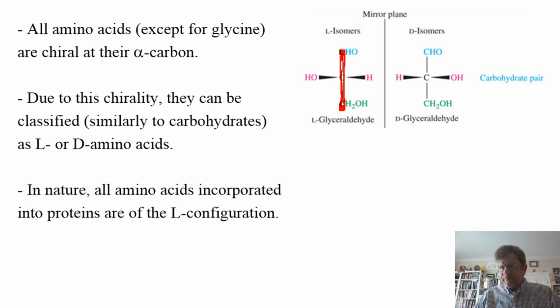And wherever the chiral carbon had a hydroxyl which pointed out, in this case it points towards the left, that is an L carbohydrate. It's an enantiomer. If it points to the right, it is a D monosaccharide. So in these cases, we can classify or categorize them as L or D.